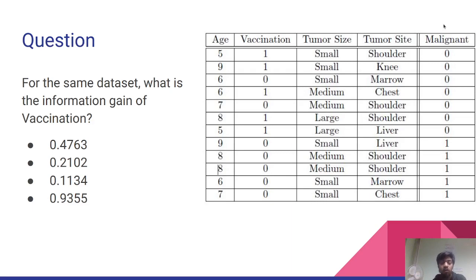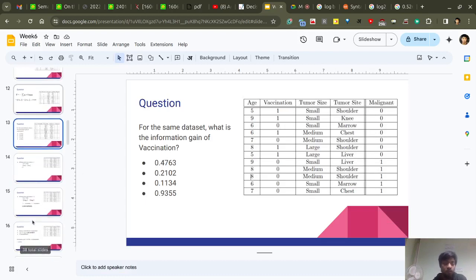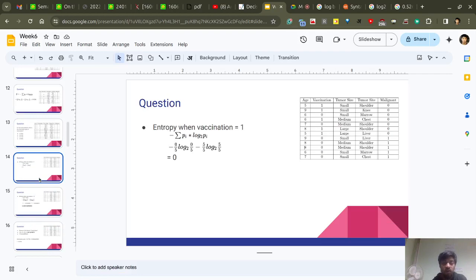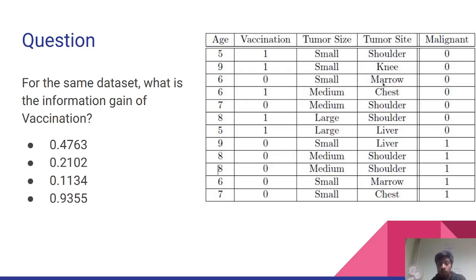So just write here once. This has also been covered in the lecture. Again, for vaccination also, you have to partition the vaccination column with respect to this.